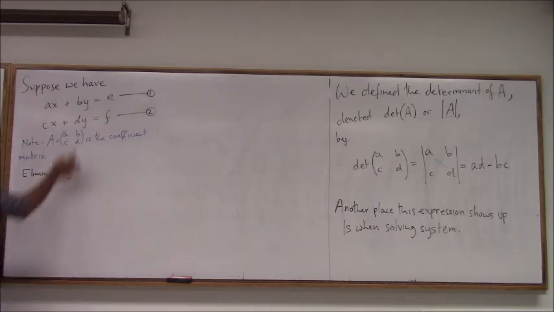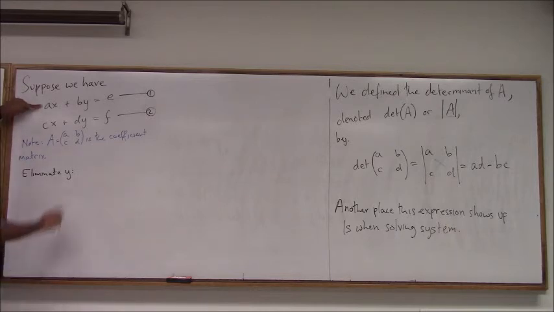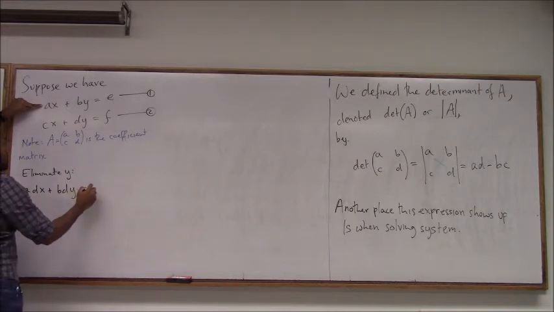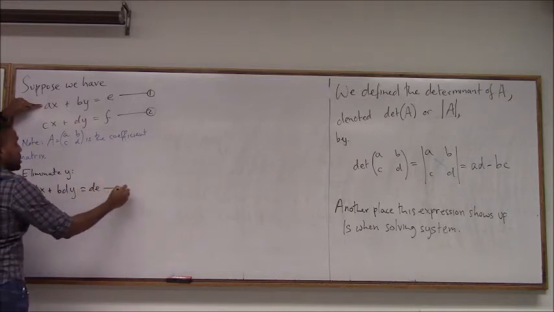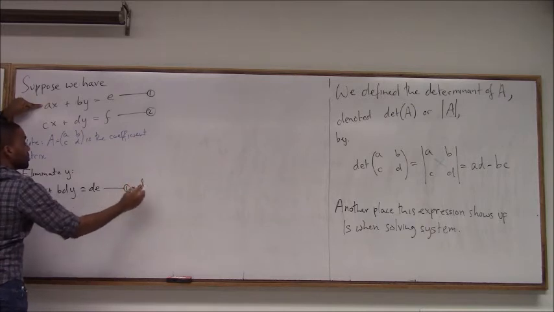I want these two expressions to be the same, so I multiply the first equation by d, getting adx plus bdy equals de. This is equation 1 times d.